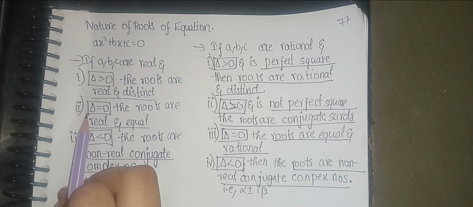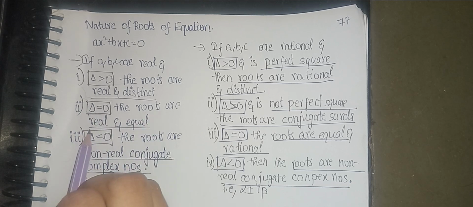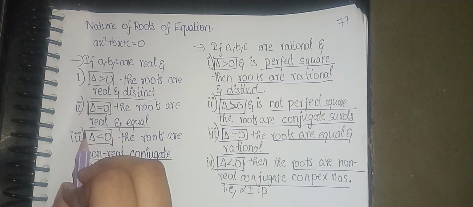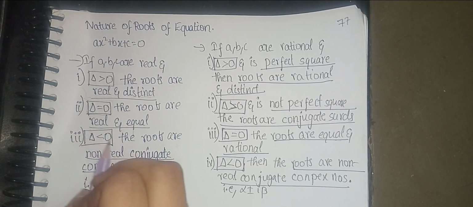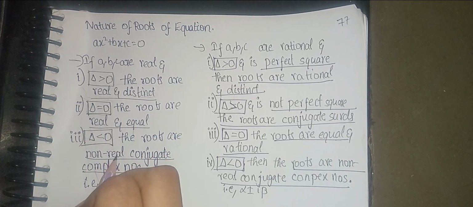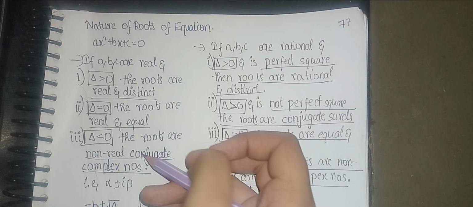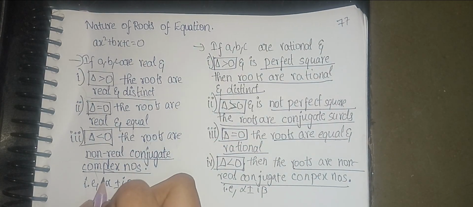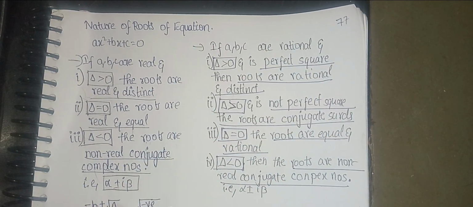If discriminant is 0, the roots are real and equal. If discriminant is less than 0, means if discriminant is negative, roots are non-real conjugate complex numbers, means they are imaginary roots, and we will write imaginary roots like this.